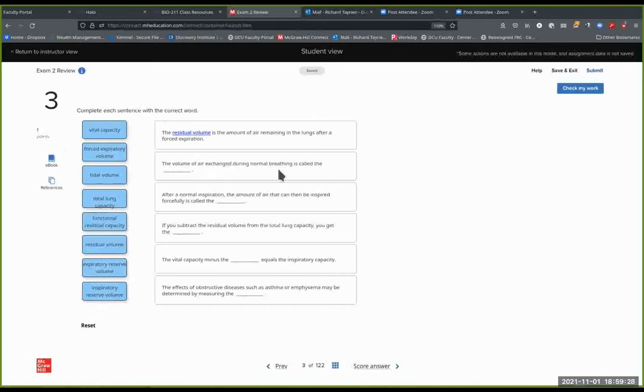The volume of air exchanged during normal breathing is called, that's the one that was on the quiz. Tidal. You broke up a little bit. What was that? Tidal. Then after normal inspiration, the amount of air that can be inspired forcefully is called?